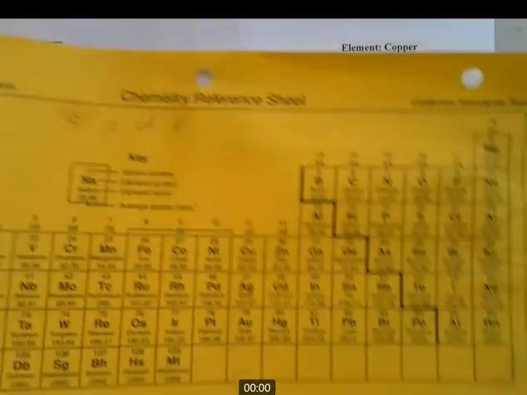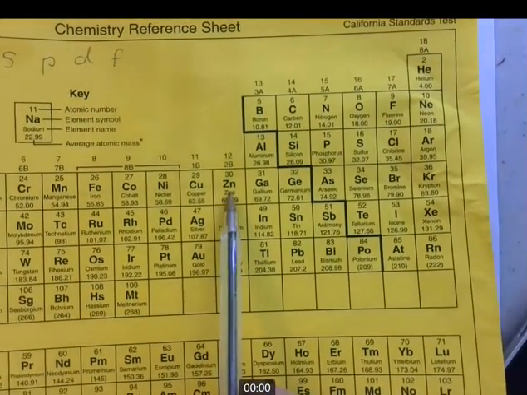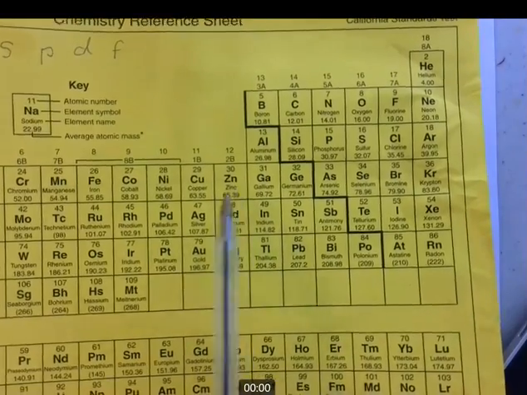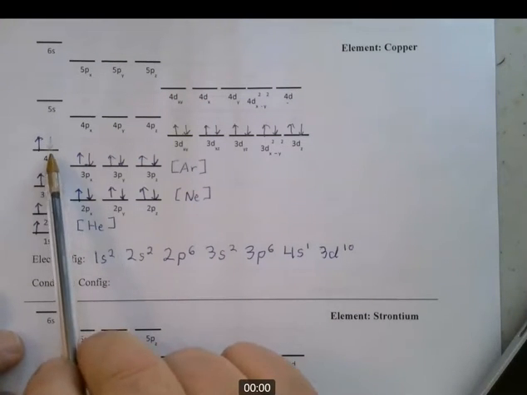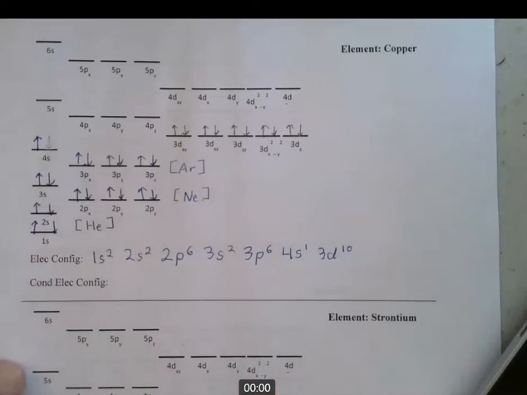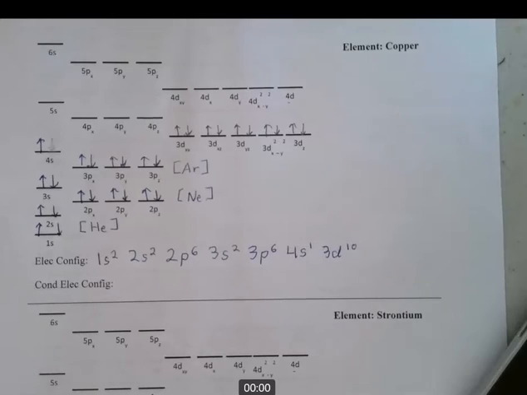Now what about when you do get to the next element, which is zinc? You get one element past copper to zinc. Well, then the 4s gets its electron back. You would go ahead and place that next electron in the 4s, and then you truly would have a full 4s and 3d before you moved on to the 4p orbital.